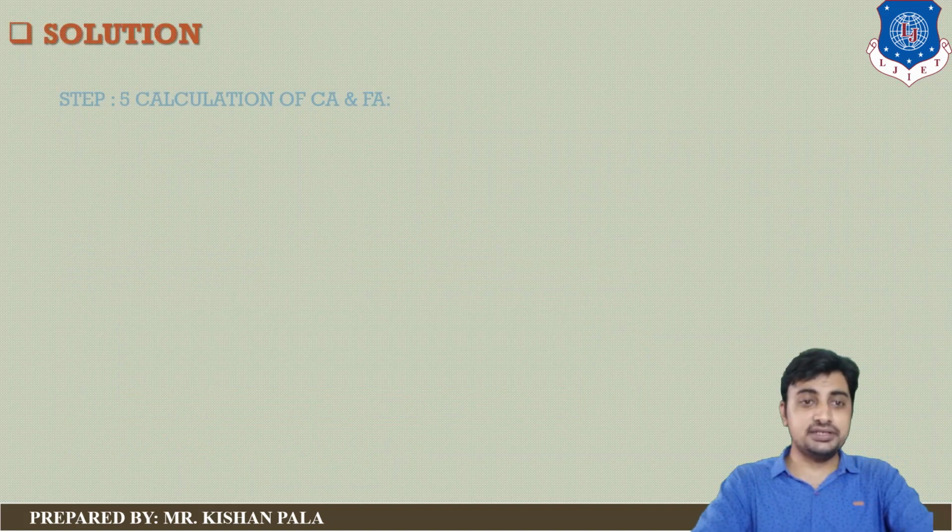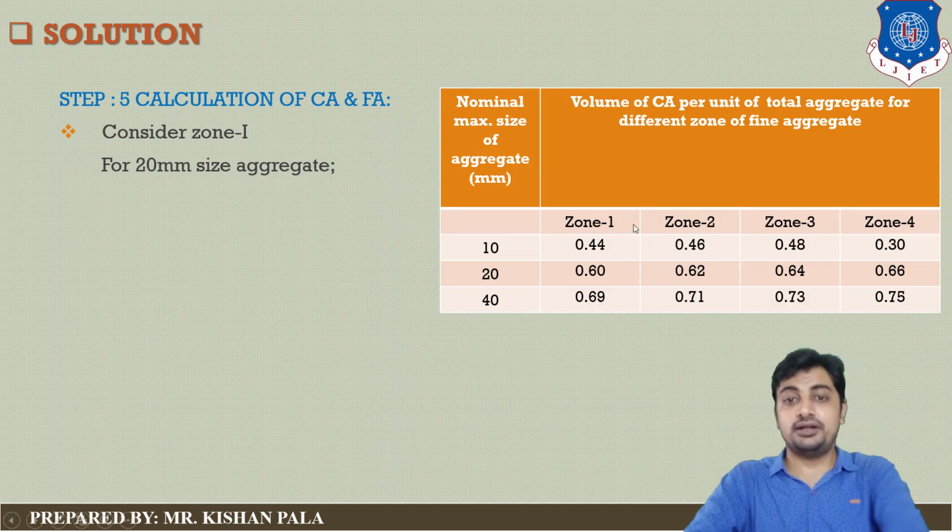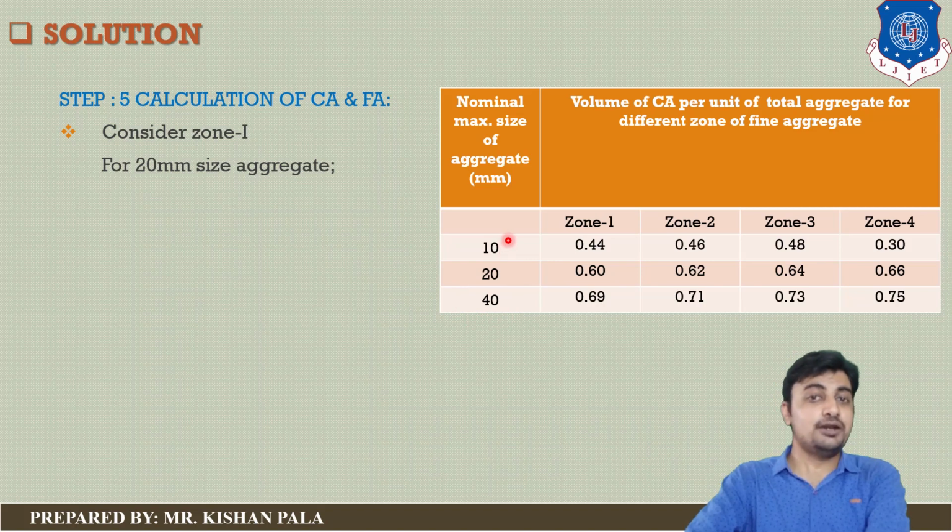Our next step is calculation of coarse aggregate and fine aggregate. Consider zone 1, and you can see the table which shows that we have different zones, and these values are values of coarse aggregate of total volume, and here in this column you can see this is the nominal maximum size of the aggregate.